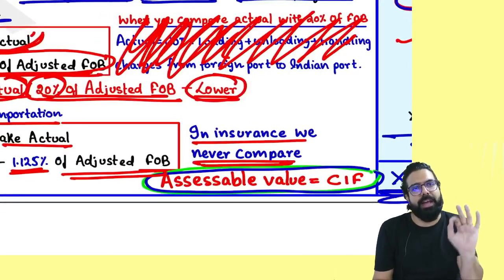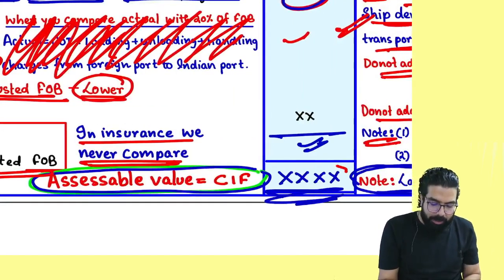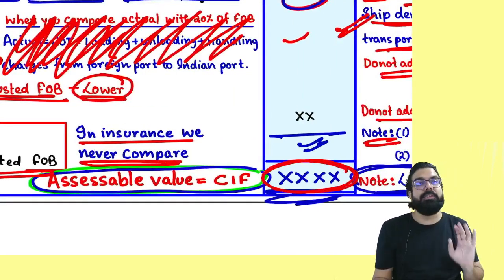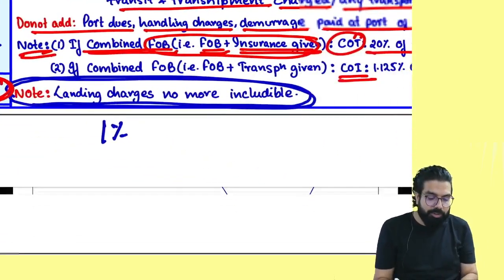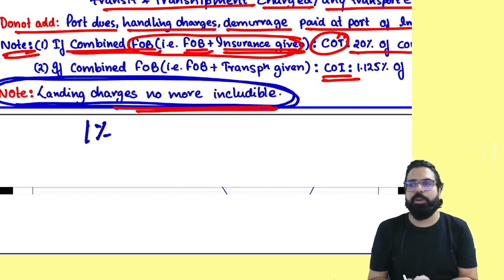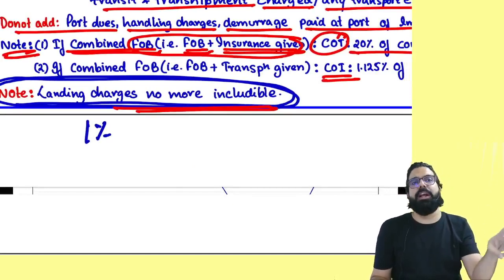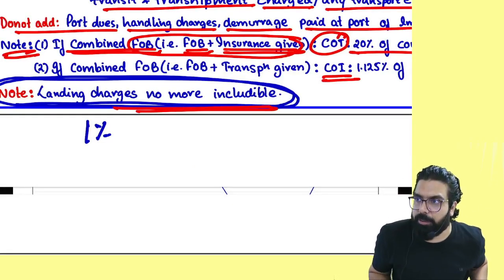In insurance, we always take actual. Actual is not there, we take 1.125%, and then what we arrive at is the CIF price. My question is, do we add landing charges or we don't add landing charges anymore? We don't add. It means Indian port का loading, unloading, handling charges are no more taken. Do you guys agree with me?